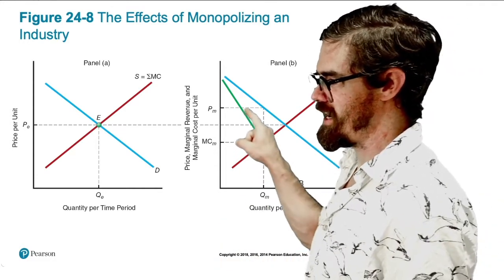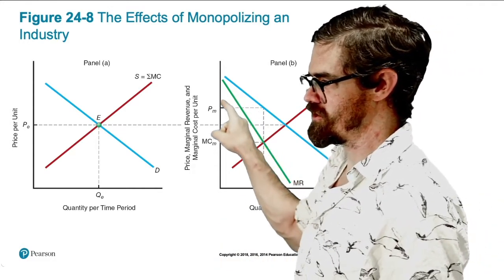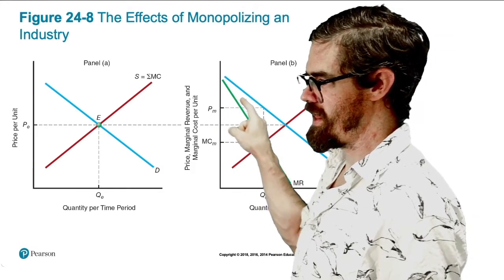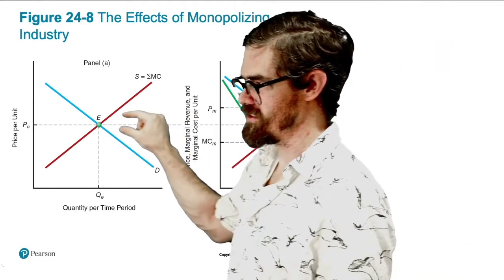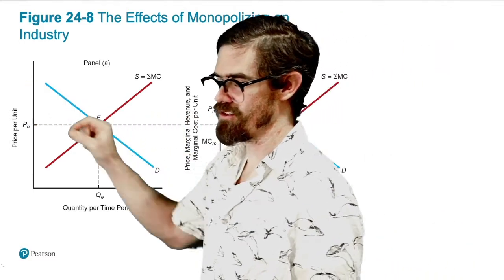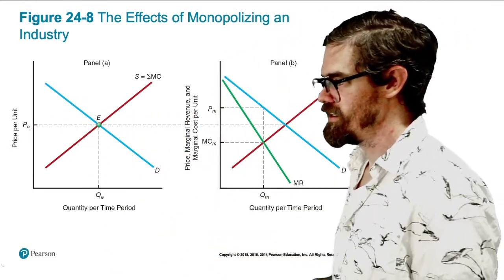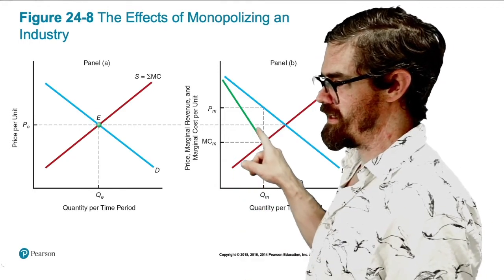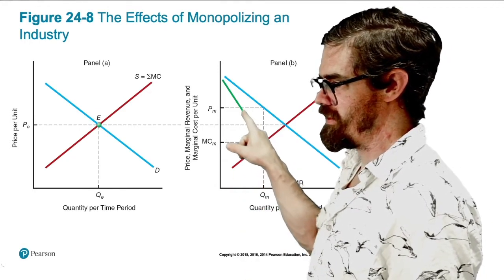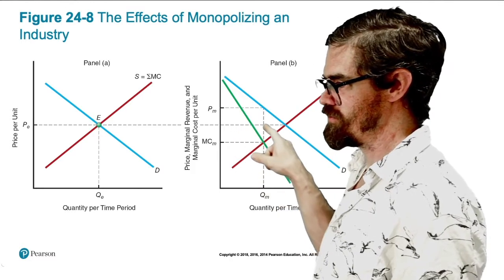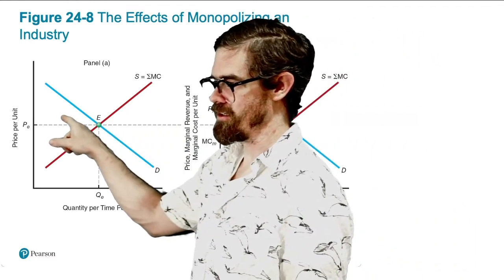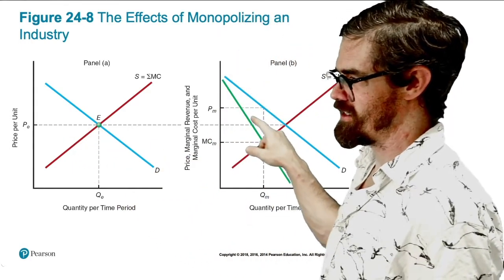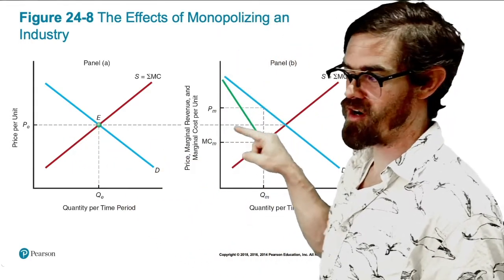So in this case, this smaller triangle up here is consumer surplus, as opposed to this larger triangle over here. So consumers are worse off. In addition, this rectangle, which would have been consumer surplus in a competitive market, is now transferred to the monopoly in the form of profits.